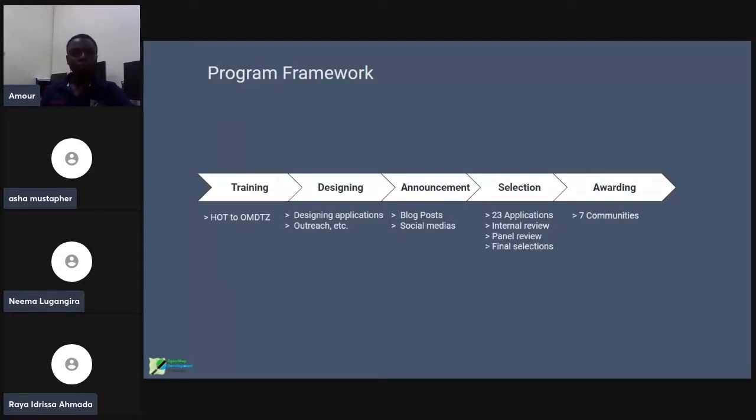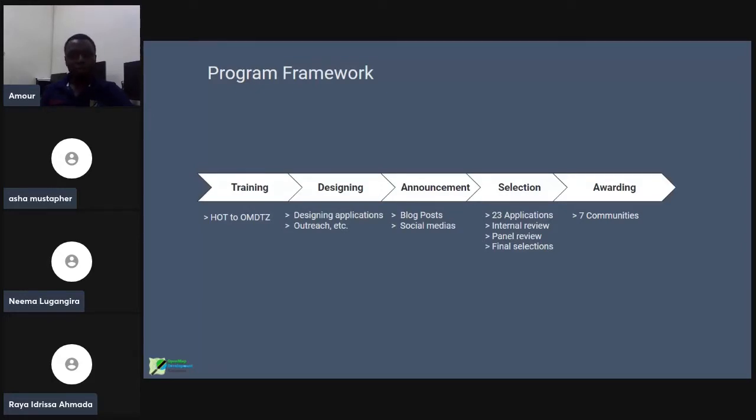For this year, we did a one-round application. Our project is 1 year, and we were supposed to have 8 communities. We decided let's try to host them at once, so we will not have any more rounds.